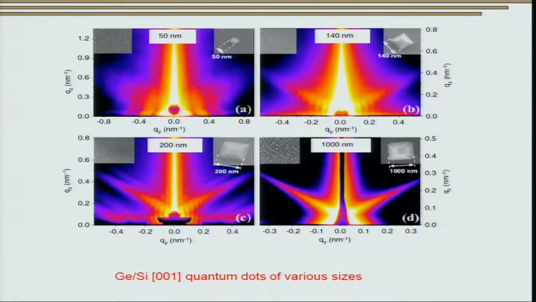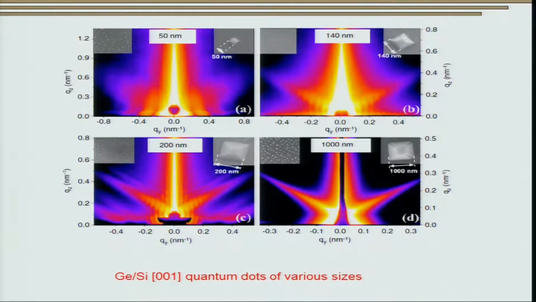So, here again I have chosen one particular example and try to show you how exactly we can see in situ growth of particles. Here again we are having the growth of germanium on a silicon 001 substrate.